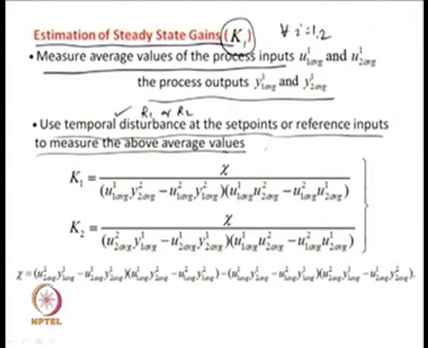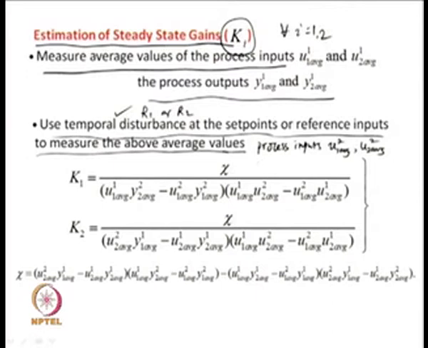So, at that time let the process inputs, when the temporary disturbance is applied, be U1 average 2 and U2 average 2 at the second instant.